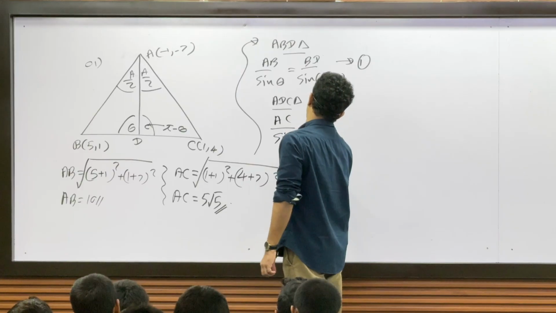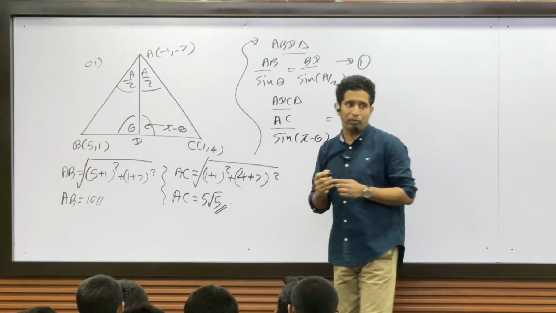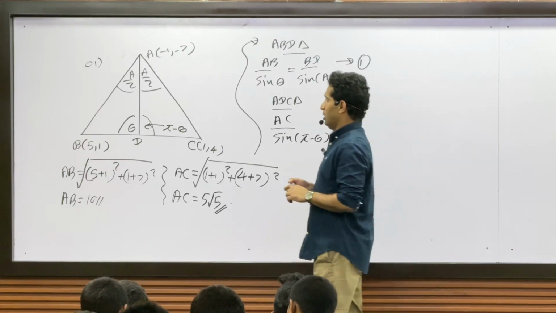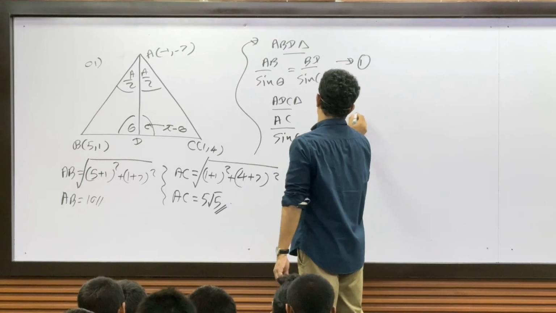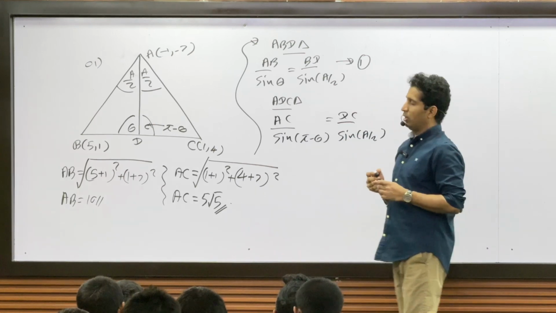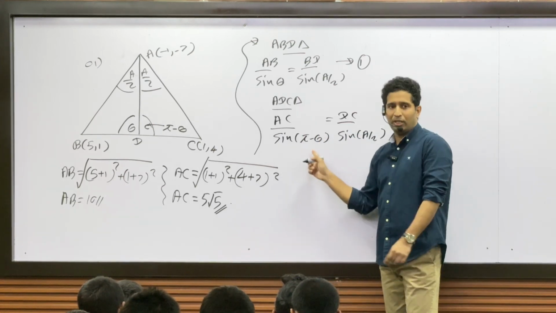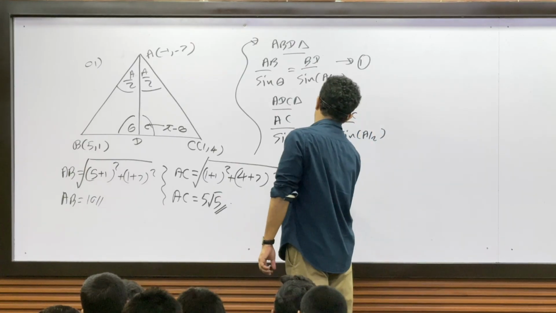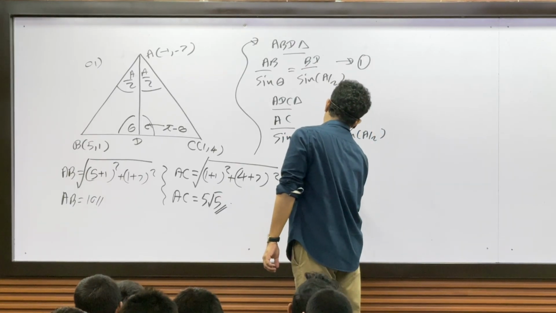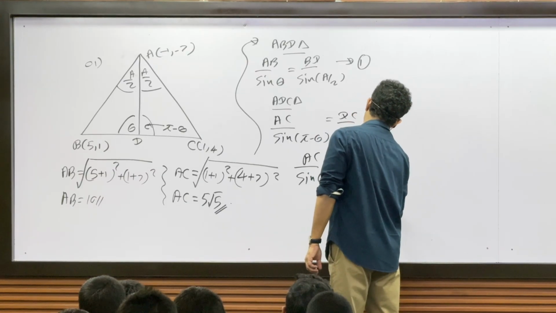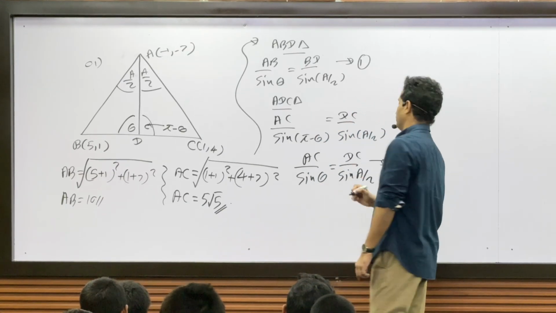AC divided by sine (pi minus theta) equals DC over sine A over 2. Now you know that sine (pi minus theta) is the same as sine theta. So AC divided by sine theta equals DC over sine A over 2. Take this result as 2.